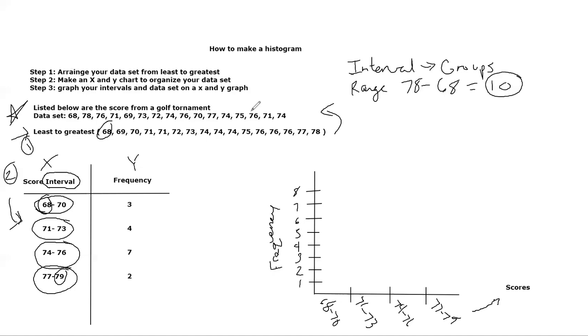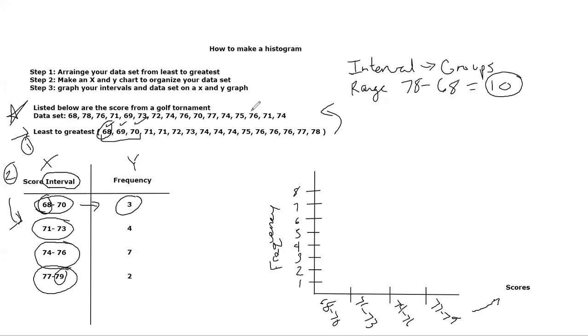And then we move on to the frequency. So in this drawer, in this interval, any number that's 68, 69, or 70, I'm going to count how many numbers there are in my data set that belong in this group. So if we look at this, 68, 69, 70, I have 1, 2, 3.